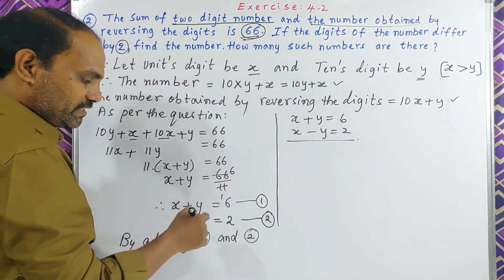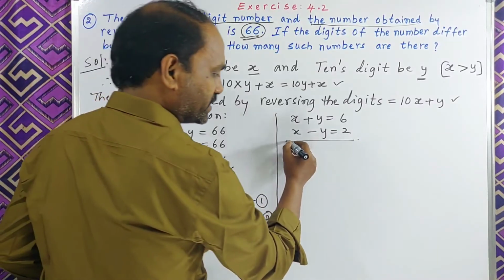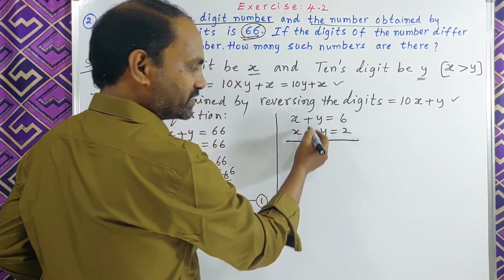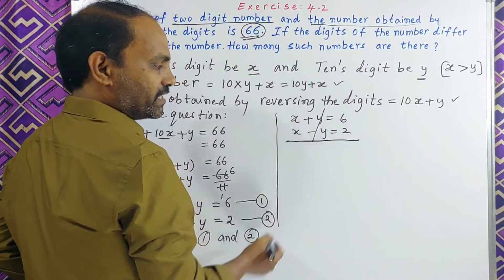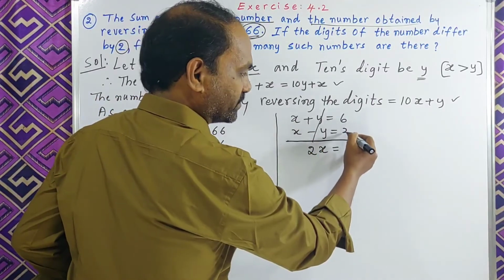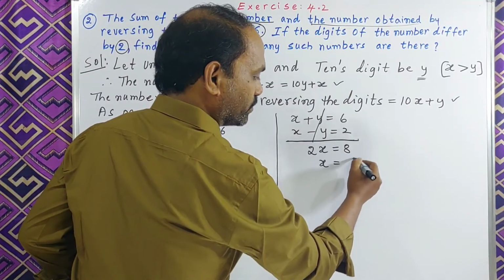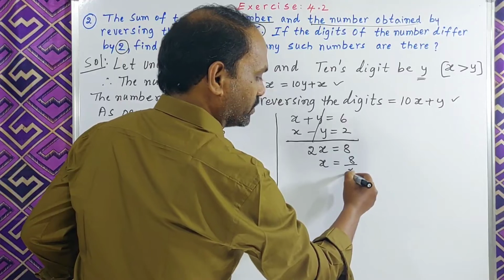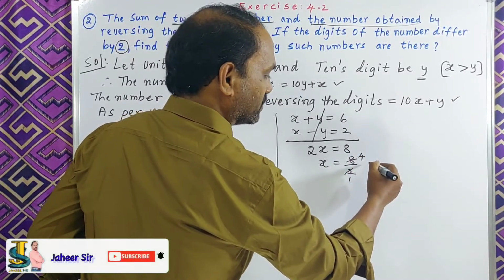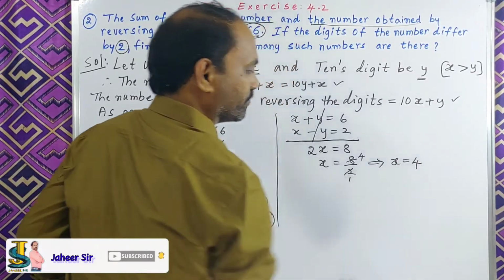This time we did addition, that's why there is no change of the symbols. Don't change the symbol. Plus y and minus y cancel. x plus x is 2x, equal to 6 plus 2, which is 8. x is equal to 8 by 2, that implies x is equal to 4.